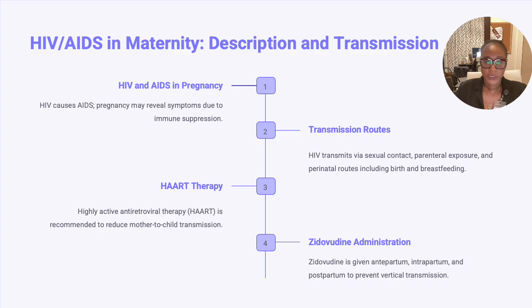So just some nursing assessment that we can use. We want to do a comprehensive nursing assessment for a pregnant individual with HIV/AIDS. We want to focus on assessing the mother's health, monitoring the pregnancy, and planning for the baby's delivery. Health includes evaluating the mother's HIV status, her viral load, CD4 count, and any opportunistic infection.